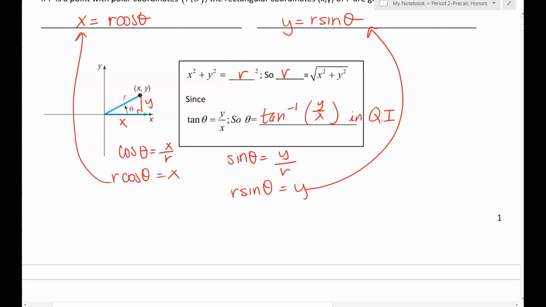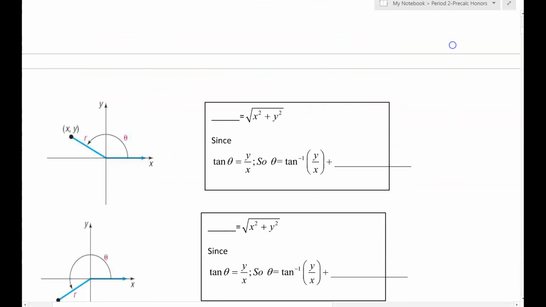In quadrant 1, we don't have to do anything special because we don't need to worry about the tangent inverse restriction. It may be a little different when we go to the other quadrants. Again, to get radius, it's the square root of x squared plus y squared. Similarly, tangent is y divided by x, so to find theta, we take tangent inverse.